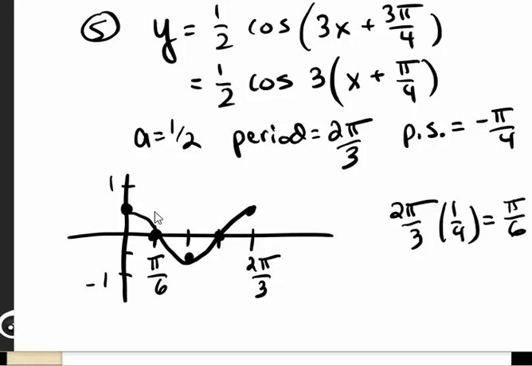And then we just need to move this thing to the left by pi over 4, but we have to look at our scale, which is pi over 6, and what we want to do, which is pi over 4, we're going to need a common denominator of 12. So if we multiply by 2 over 2, pi over 6 is 2 pi over 12, and pi over 4 would be 3 pi over 12.